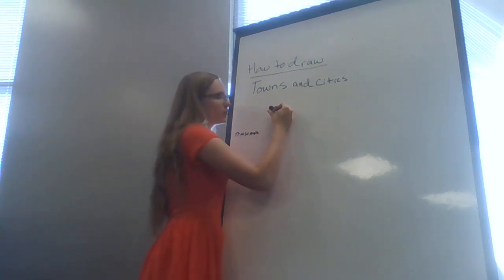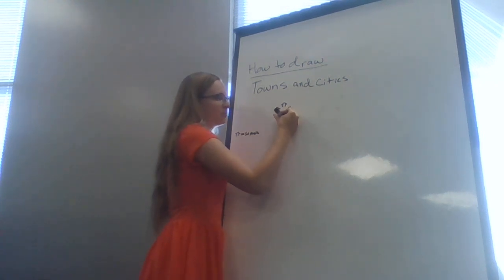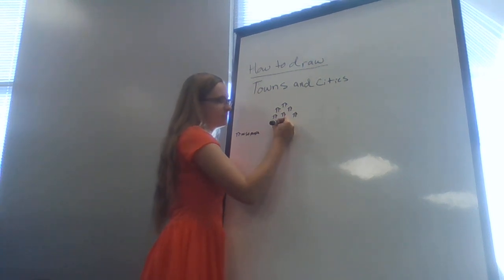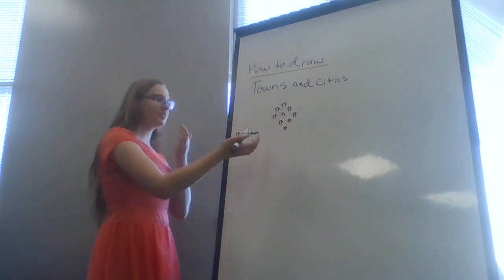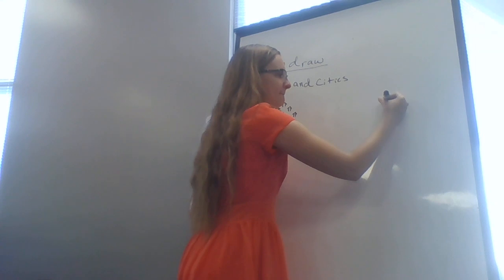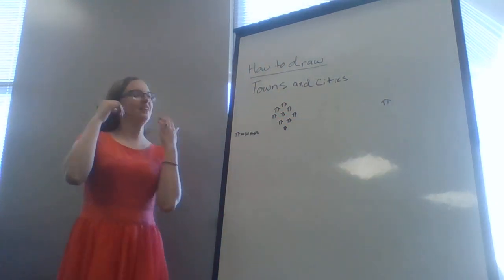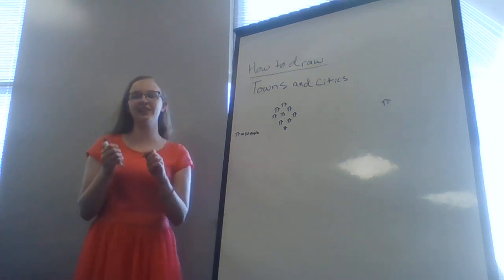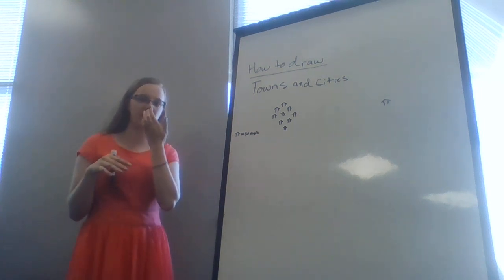If it's a really highly populated town, you can go boop, boop, boop, boop, that's 200, 250, 300, 350, 400. Then you're like, that's a big town. Whereas if you have just one, you know that's a small town. It helps make it a little bit more simple for the people to understand.